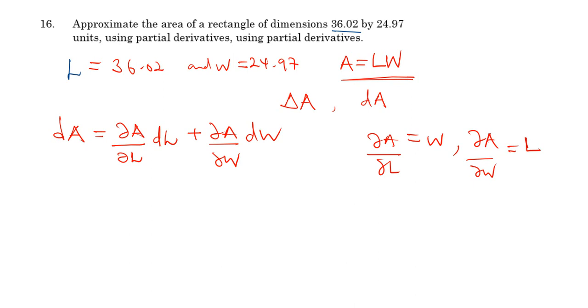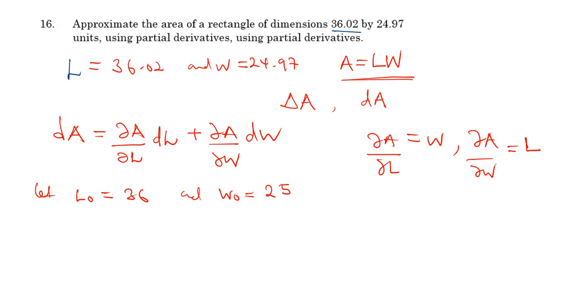I'm going to round off to the nearest whole number. Let the best value be L naught, which rounds to 36. Then for W, the nearest whole number is 25. So these are my best values.